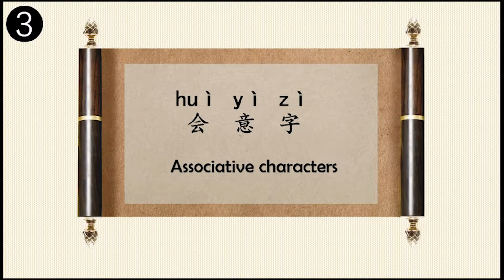会意字. We already know that the pictographic characters were invented to represent concrete things, but how to express an abstract concept?